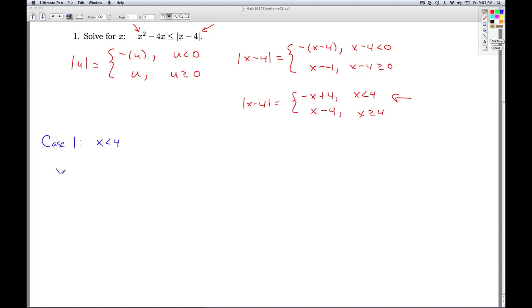So my inequality, x squared minus 4x is less than or equal to the absolute value of x minus 4, can be reduced to x squared minus 4x is less than or equal to, and for x less than 4, the absolute value of x minus 4 is the opposite of x minus 4.